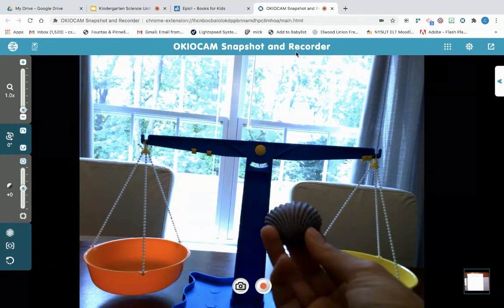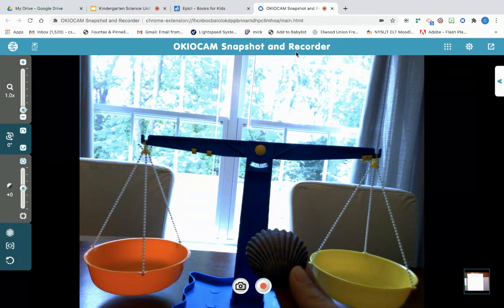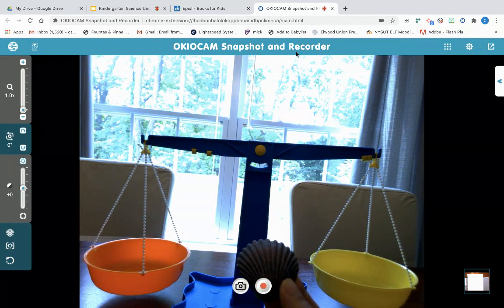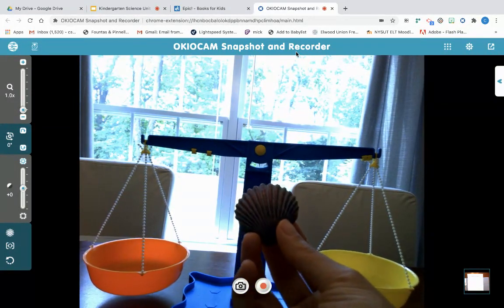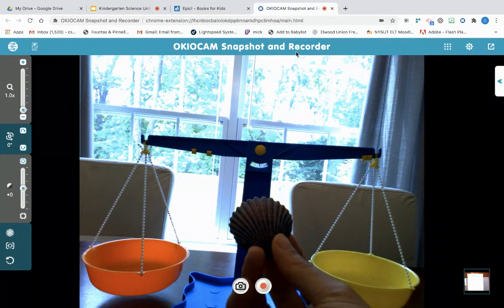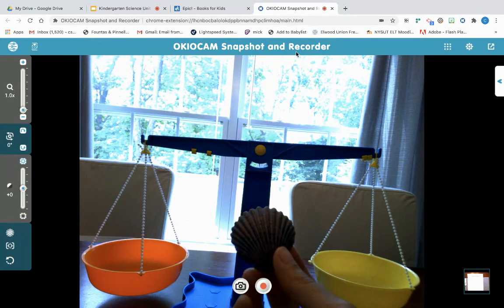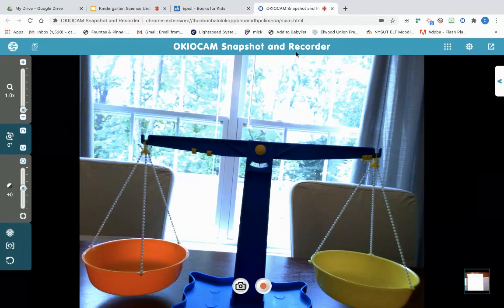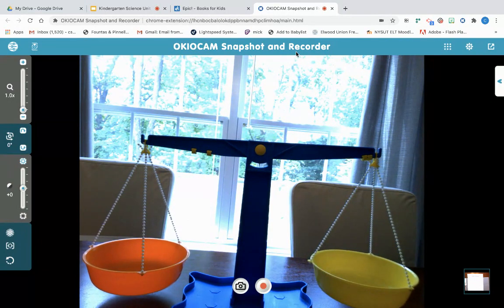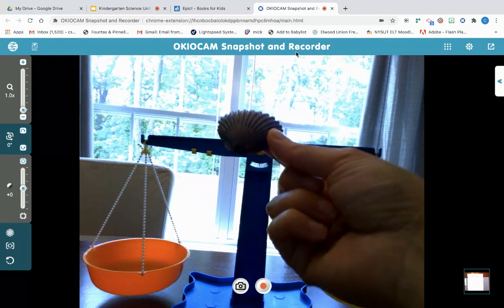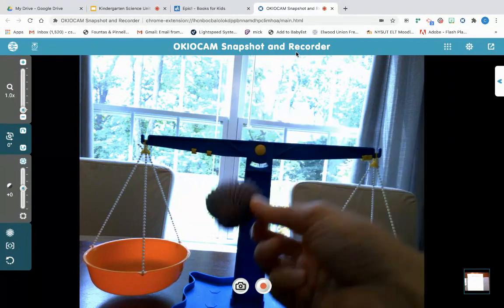I needed something that I have a lot of and that will be the same weight. I thought about what I have around my house, and I have paper clips. So I thought I could use the paper clips to measure how heavy this shell is.